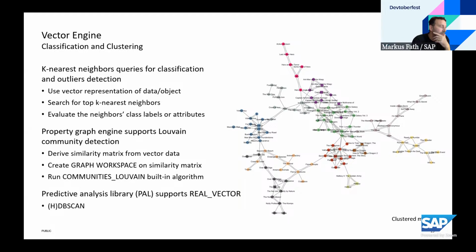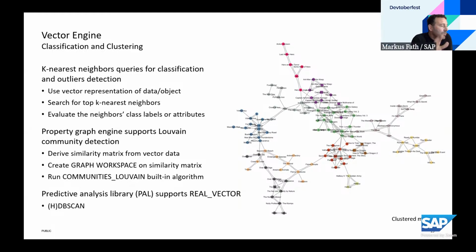Pretty straightforward, and it works quite well. The other option, when it comes to clustering, is that PAL, our machine learning library in HANA Cloud, starts to support the real vector data type. So you can combine text embeddings along with other attributes, for example in the DBSCAN clustering algorithm, and improve the results by taking natural language text into account.